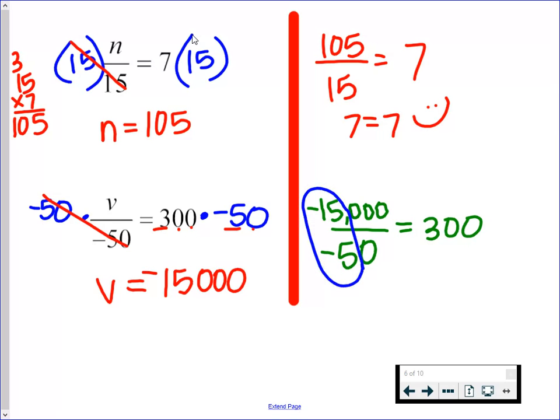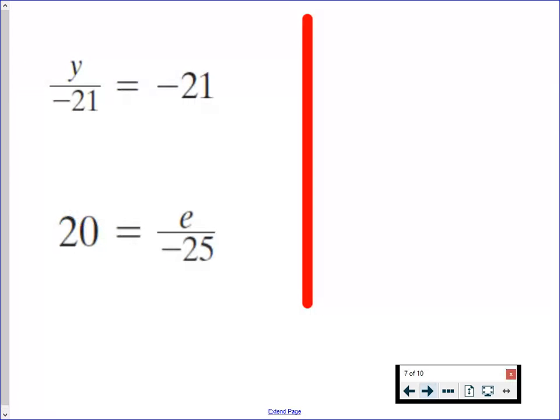Negative 15 divided by negative 5, 3. Here's a 0, here's a 0, cross them out. 1, 2 zeros left. 1, 2. Yeah! Got it! Last 2. Pause, it's your turn.